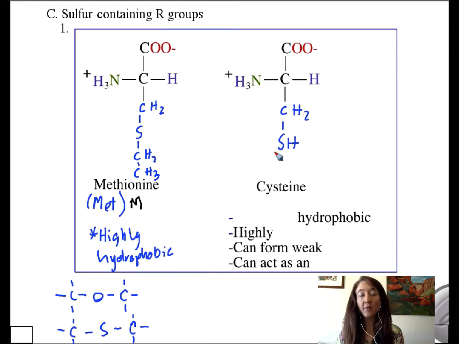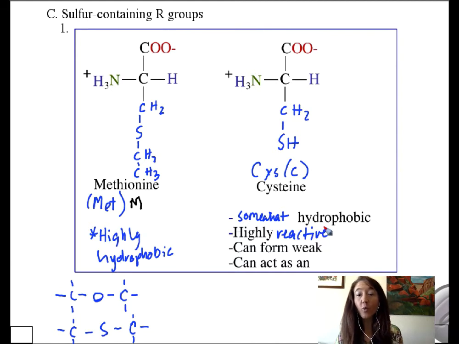It can most certainly lose that proton at more alkaline pHs primarily. So cysteine, again, 1-letter abbreviation and 3-letter abbreviation make quite a lot of sense. It is slightly or somewhat hydrophobic. It is highly reactive, and it can form weak hydrogen bonds, and it can act as an acid.